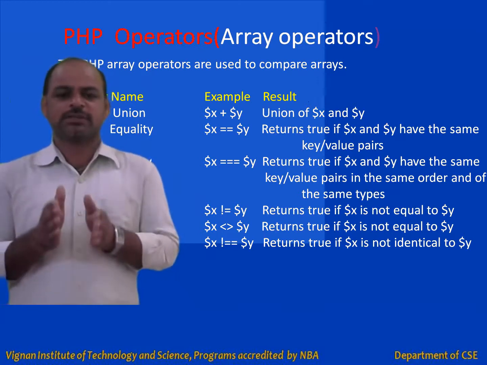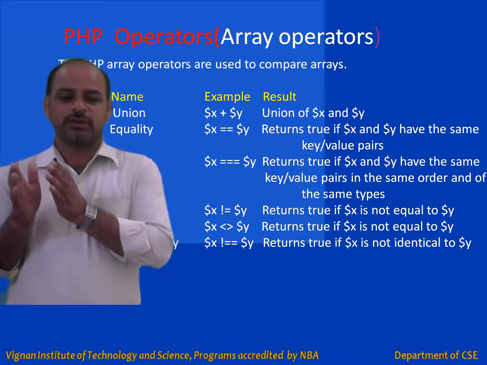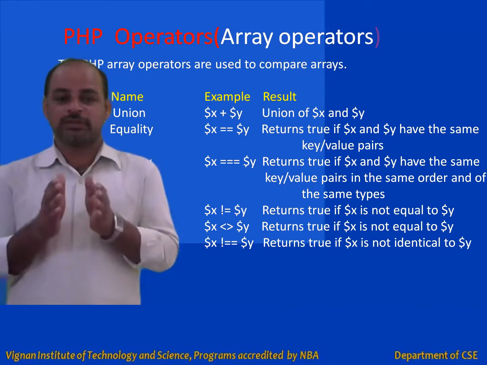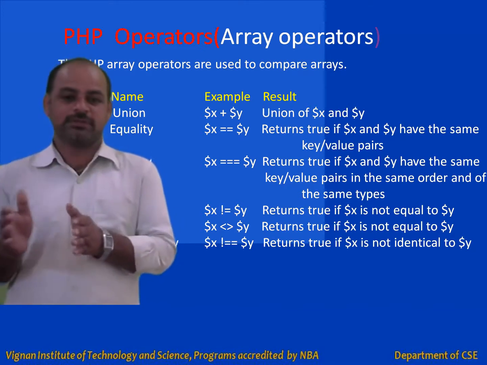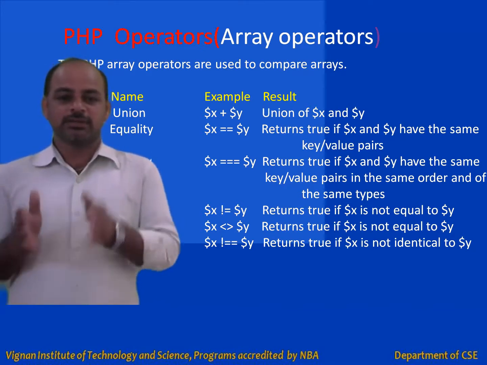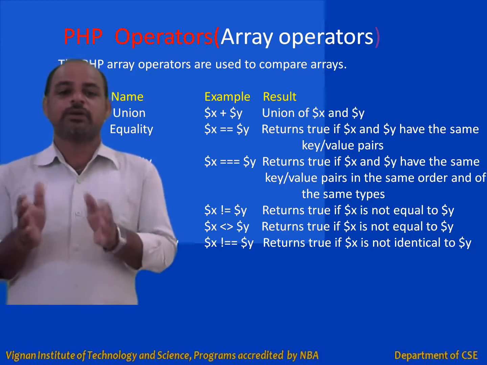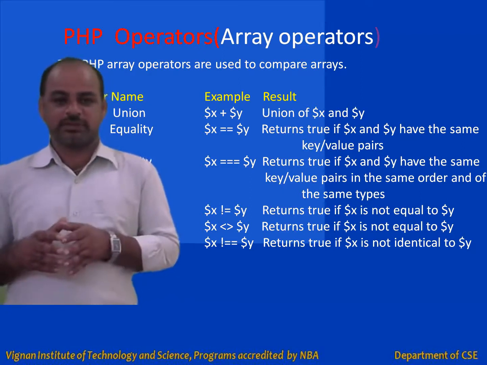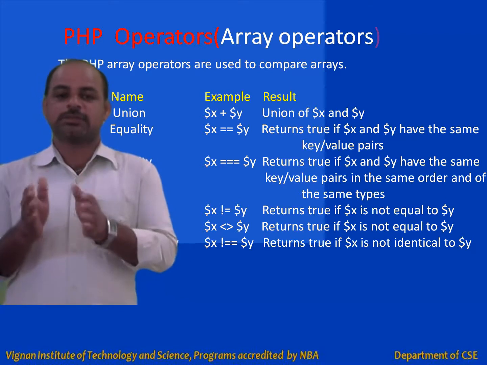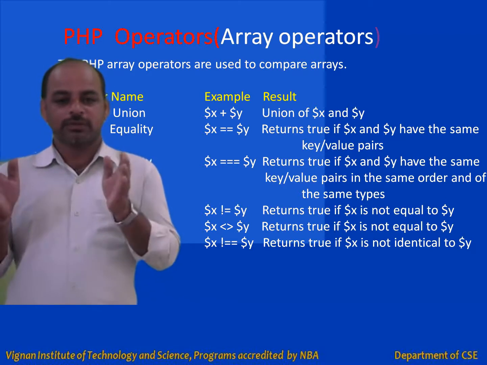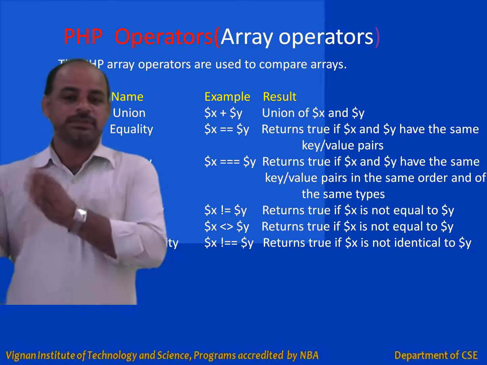Arrays do not have single values. An array is a group of elements, a set of values. So these array operators are applied onto a group of elements, which means performing operations on a set of values.